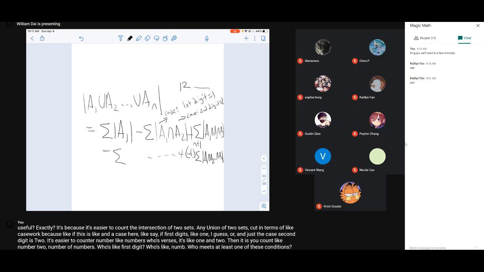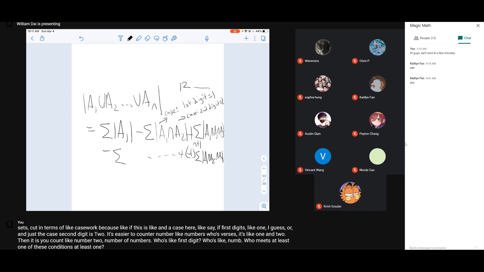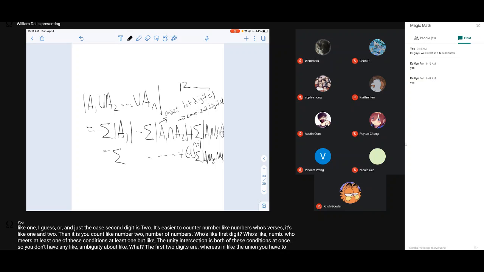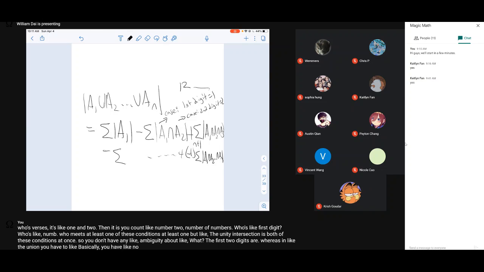The intersection is both of these conditions at once, so you don't have any ambiguity about what the first two digits are. Whereas in the union, you basically have no idea what the first two digits are.